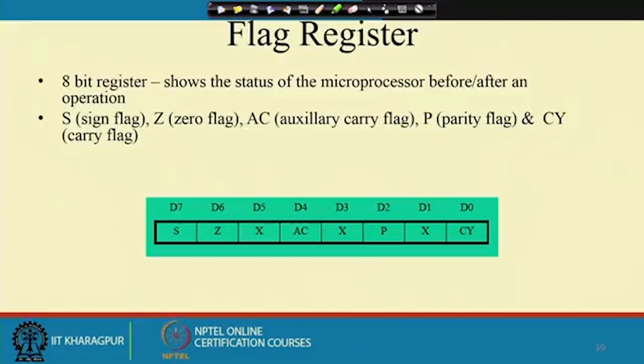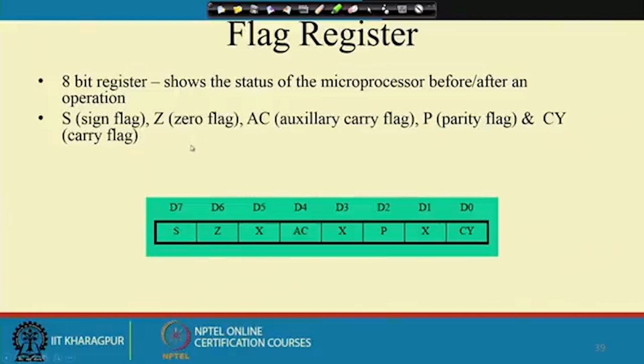So, we need to know the result of the last operation that has been done, the type of the result. If the result is negative, then bit D7 of the flag register will be set to 1, telling that the result was negative. If the result is positive, then D7 will be 0.